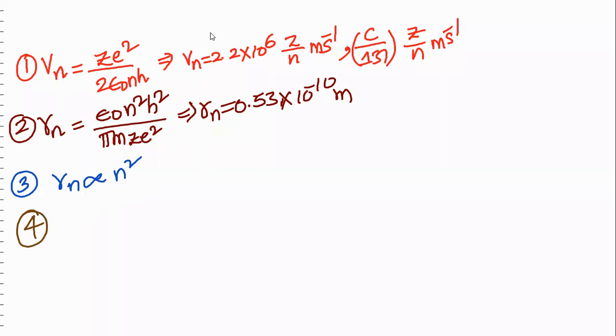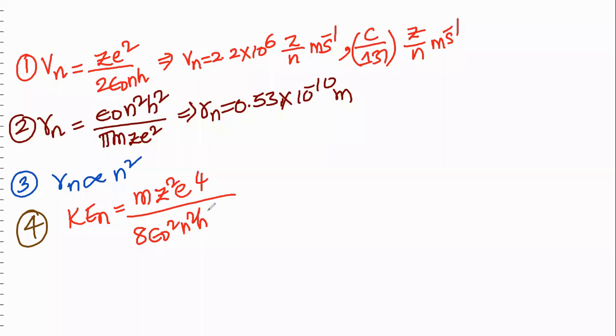From this we will calculate kinetic energy. Kinetic energy of the electron in the nth orbit is m Z square e power 4 divided by 8 epsilon naught square n square h square, which is 13.6 divided by n square electron volts.